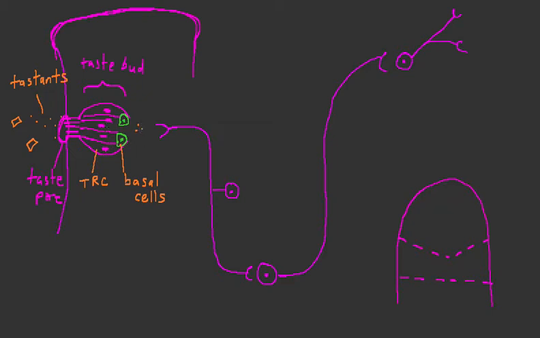There's usually 40 to 60 cells, I have like 5 drawn here, but any one of the taste receptor cells of the entire taste bud could release some neurotransmitter. It could be acetylcholine, it could be glutamate, it could be serotonin. Those are a couple of them that you'll see here.